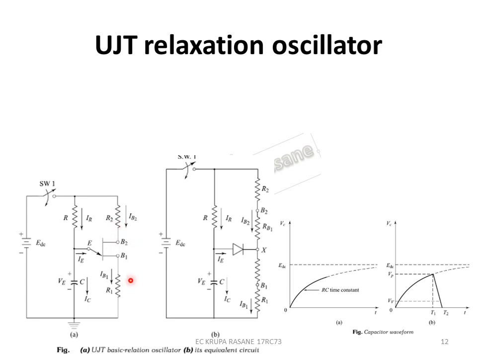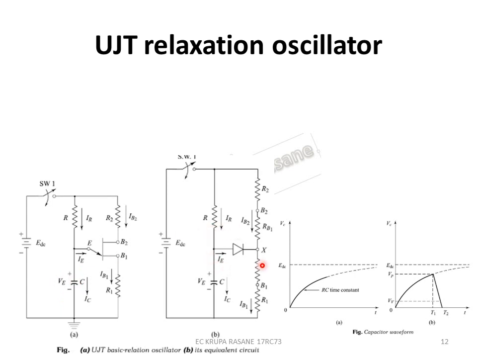We also connect R1, an external resistance, to B1, and again it is different from RB1, because RB1 and RB2 are inside the UJT. These two are external resistances, and R and C determine the frequency of the oscillator. R and C are connected to the emitter terminal, and we have a DC supply that charges and discharges this capacitor.